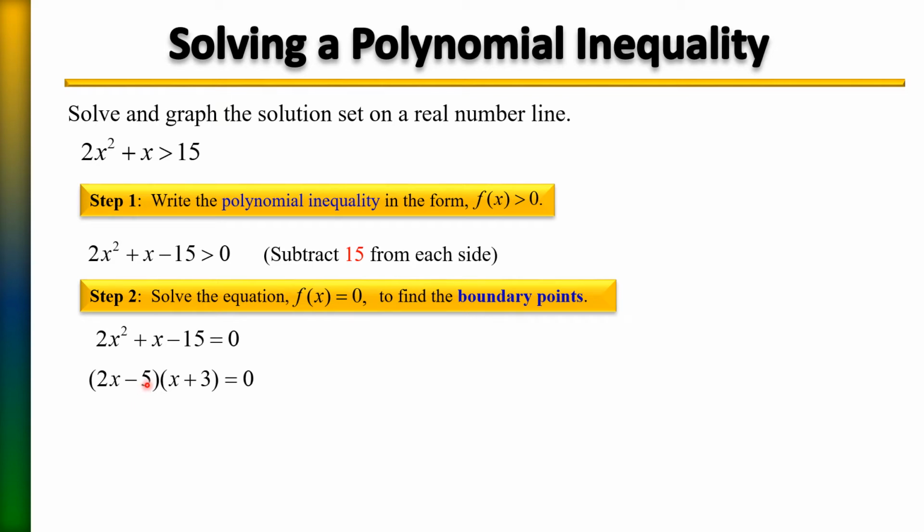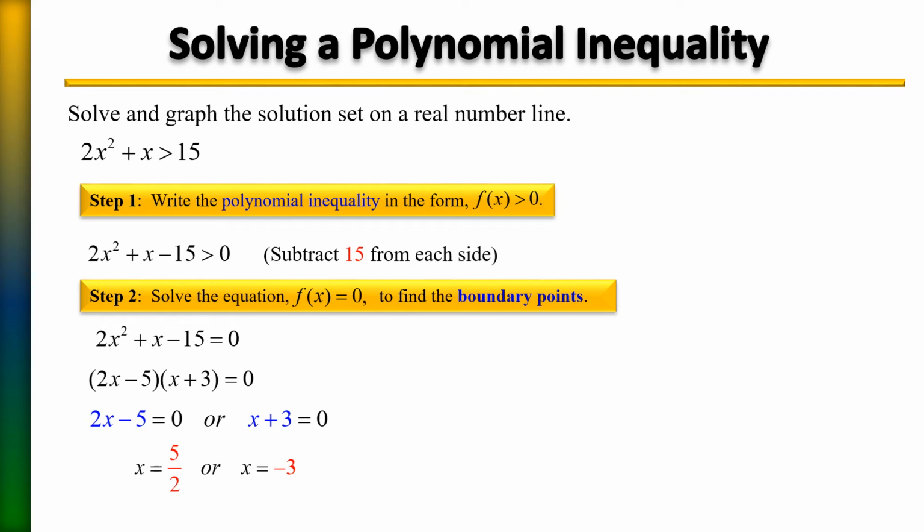On the first one, you have to add 5 to each side, and then divide by 2, and that gives you 5/2. On the other one, we can clearly see that x is going to equal -3.